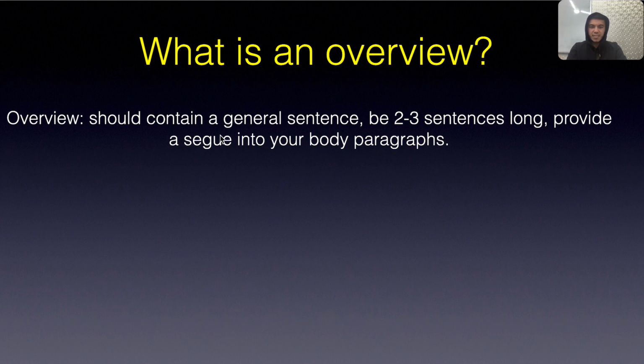You should write something that's true for every category. And your overview should provide a segue into your body paragraphs. So your examiner, by looking at your overview, should be able to know what you will talk about in your body paragraphs. Ideally, your overview provides a path to your body paragraphs. Next slide.